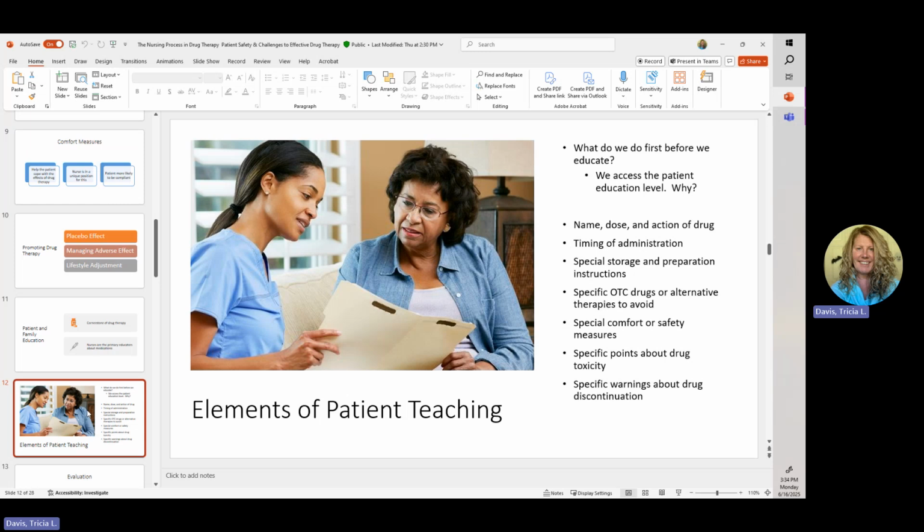We want to talk about specific points about drug toxicity, if there are any, and some of those warnings about, hey, if this happens, then this would be a reason for you to discontinue that medication. Or, hey, if this happens, we really want you to call into the office, and we can definitely educate you more about what we should do moving forward.